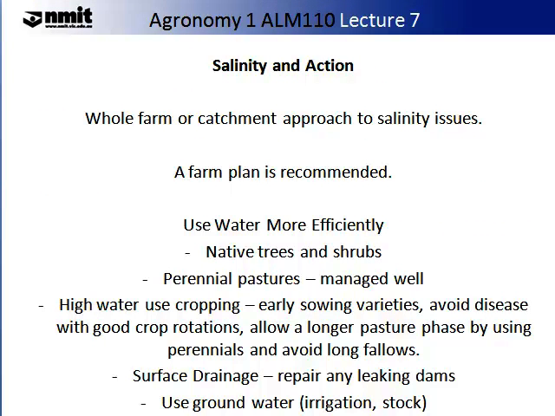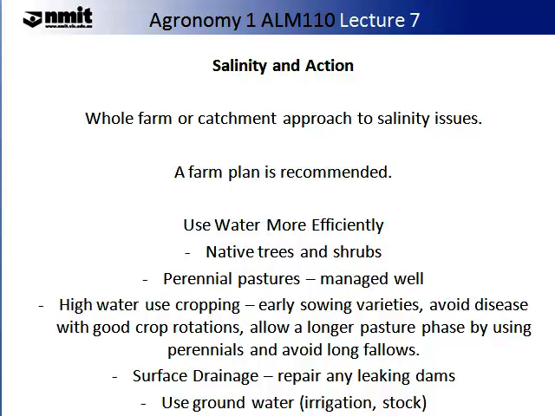So what can you do if you suspect salinity problems? Well, the first thing to note, it tends to be a whole farm or catchment approach. A farm plan is highly recommended, and the Department of Primary Industries can assist you with such a plan. Ideally, you aim to use water more efficiently.